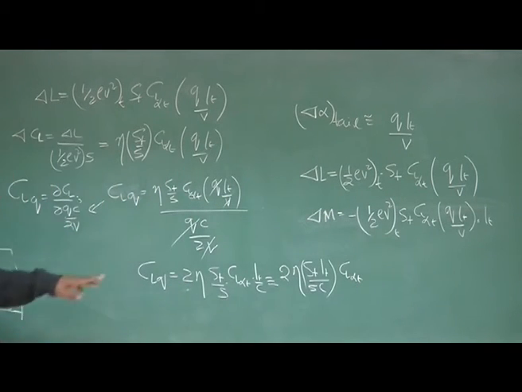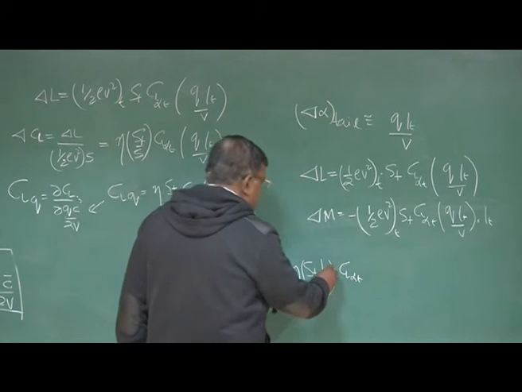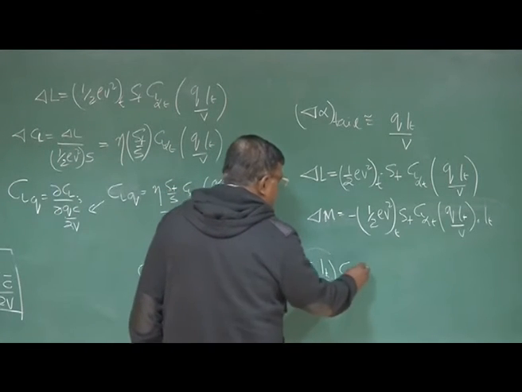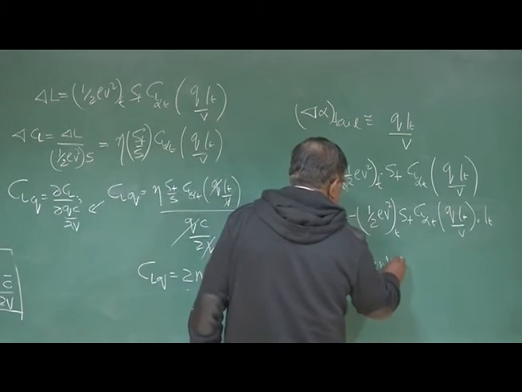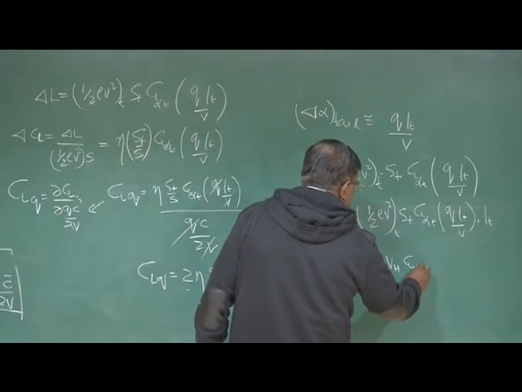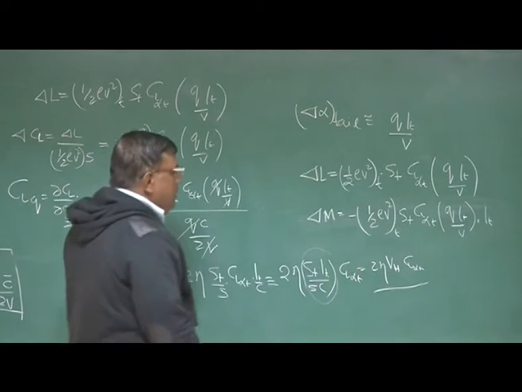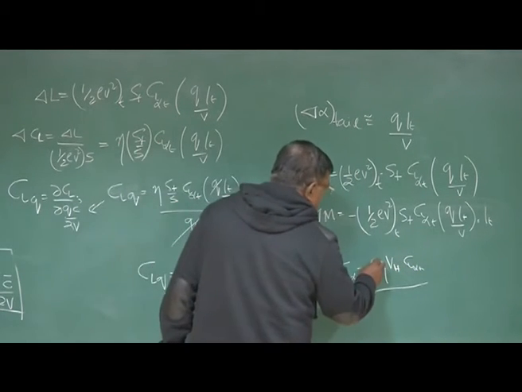2 eta. Are you familiar with one of the popular expressions? This is the popular expression, and that is 2 eta into VH into CL alpha tail. VH is the tail volume ratio. So what is the message?